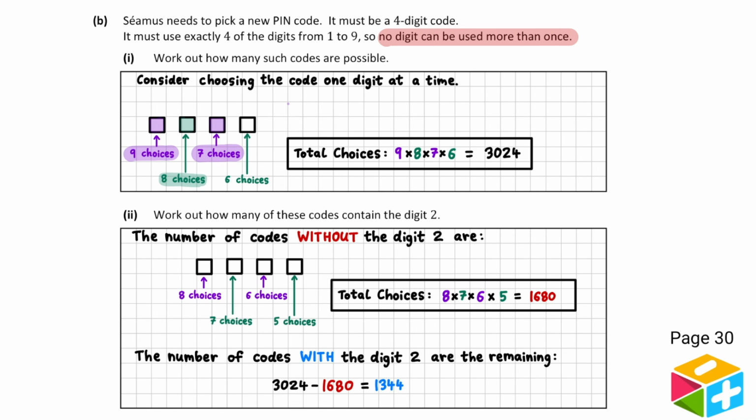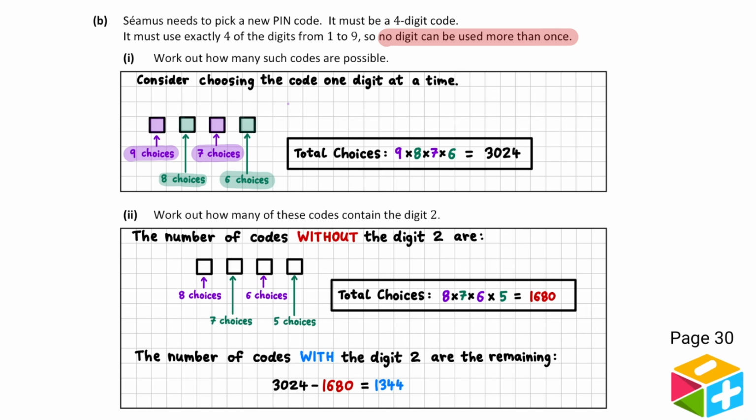This means that there'll be 7 choices remaining for the third box. In a similar fashion, when we reach the fourth box, we've already used 3 of the 9 digits. This means that there'll be 6 choices left over when we're filling in this final box.